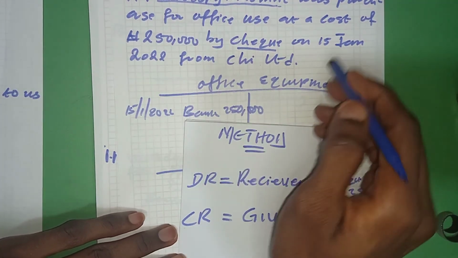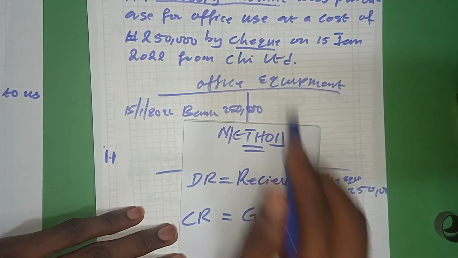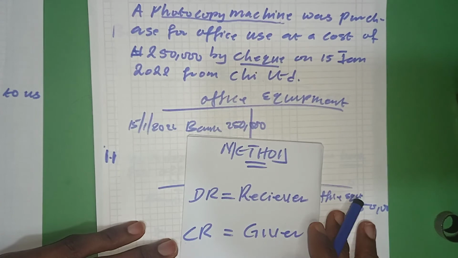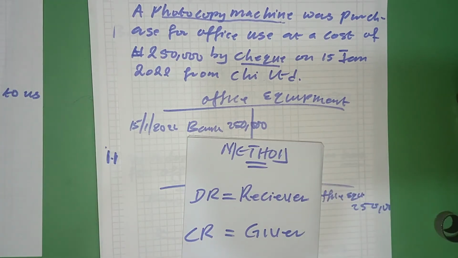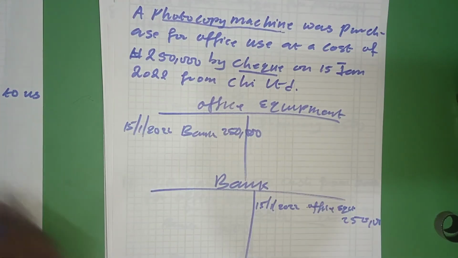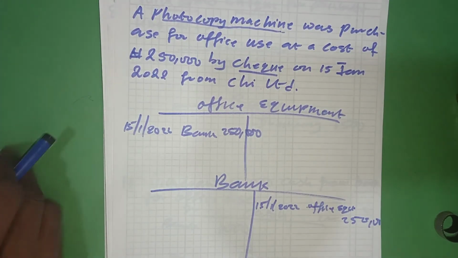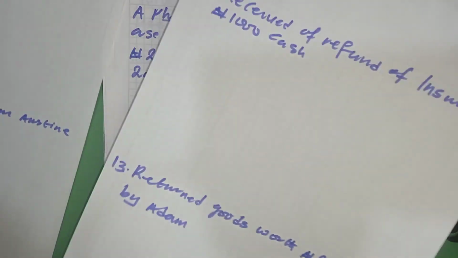The person we purchase from is receiving, but because we paid by check, his name won't appear here. So we represent the person with bank. We give bank for them to give us the photocopy machine. Now we receive photocopy machine by giving out money. You understand? Sorry, it's taking too much. I don't want this video to be too long.